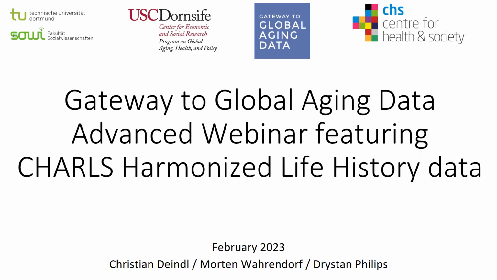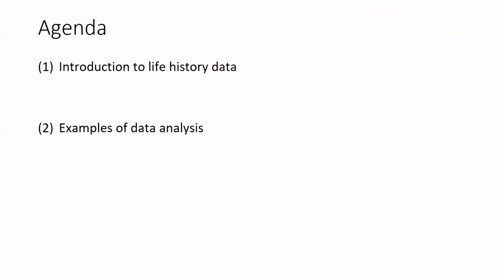I will talk about two things today. In the beginning, I will shortly introduce life history data. I will talk about what life history data looks like, what makes it different from a regular data set, so to speak, and what we did with the data to make it easy to use and to enable you to make use of the full potential of life history data.